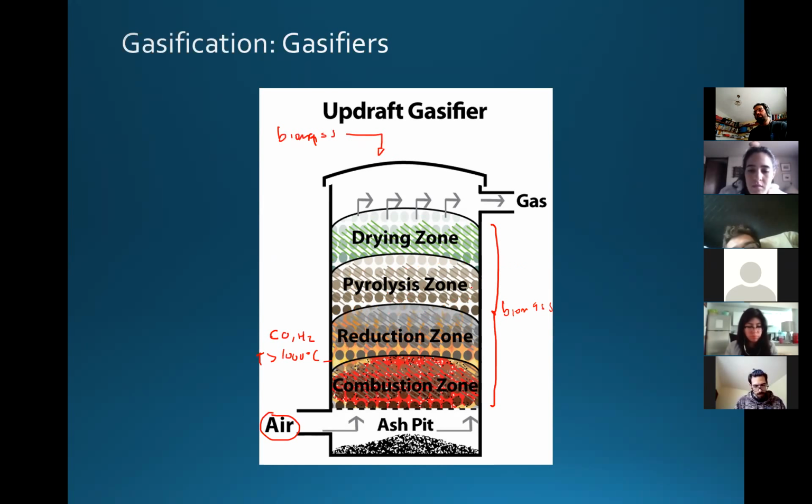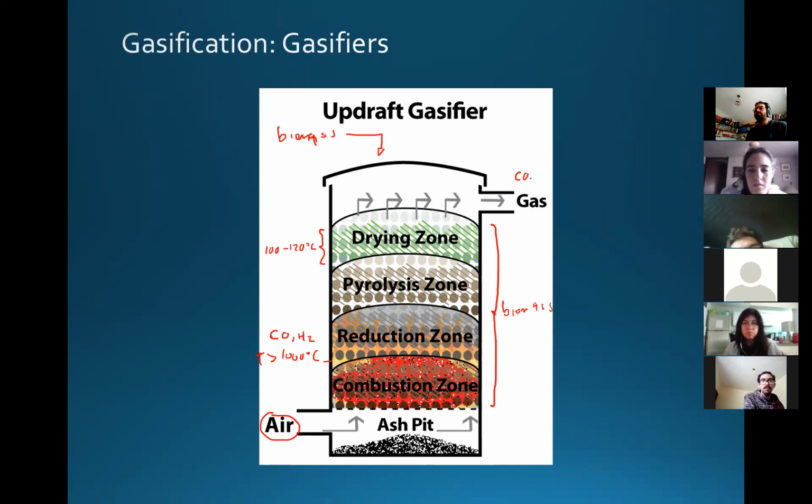And when the oxygen depletes completely on top of the reduction zone, we're going to have a pyrolysis zone where the new biomass that is up here, that hasn't been burned or anything, starts to decompose, right? It starts to crack into different components. And of course, if the temperature is lower than that, you're going to have here the drying zone. Here it's around 100 to 120 Celsius.